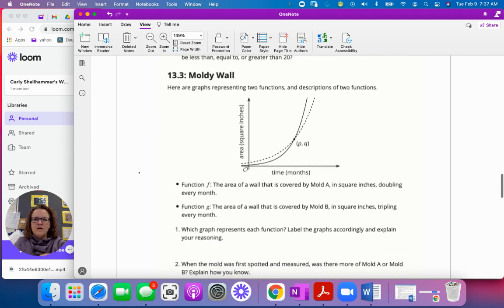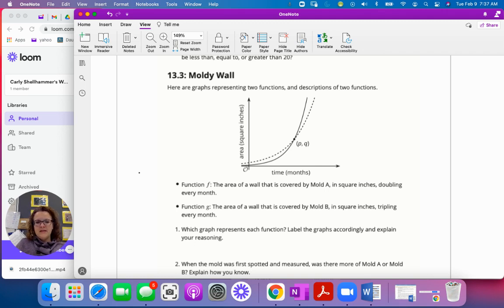And then moldy wall. Here are graphs representing two functions and descriptions of two functions. Function f, the area of a wall that is covered by mold A in square inches, doubling every month. Function g, the area of a wall that is covered by mold B in square inches, tripling every month.